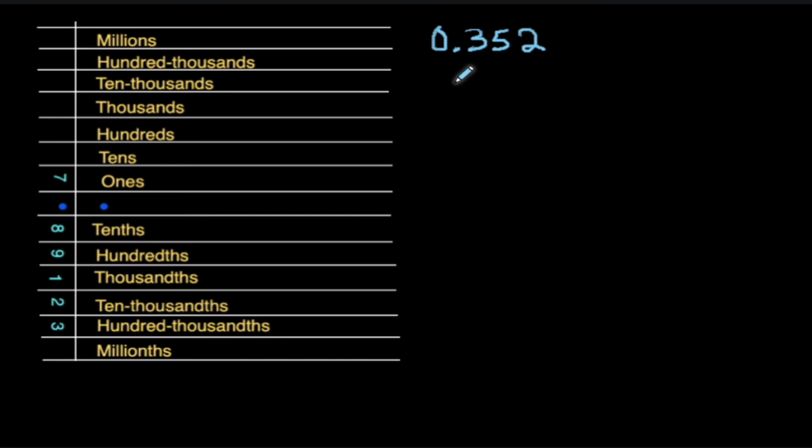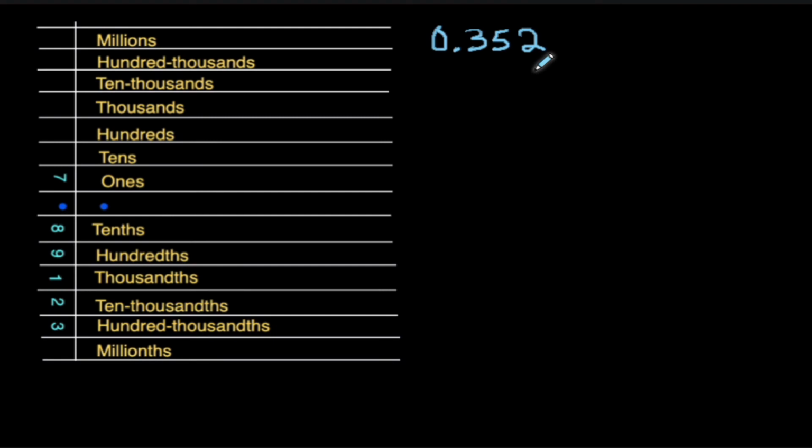Okay, so we know that this 3 is in a tenths place, then we have the hundredths, and then we have the thousandths. All right, so if you wanted to say what this is completely, it would be read as 352 thousandths.